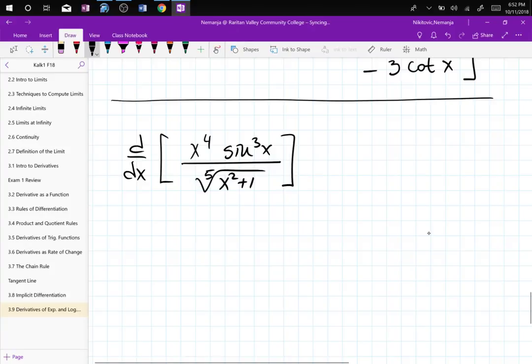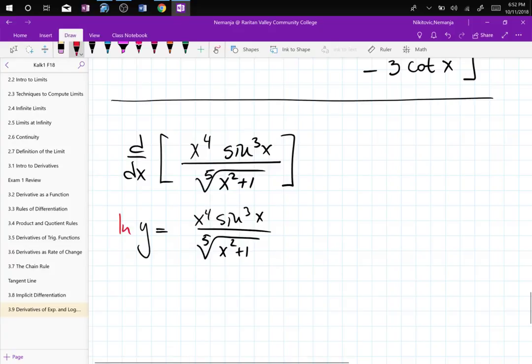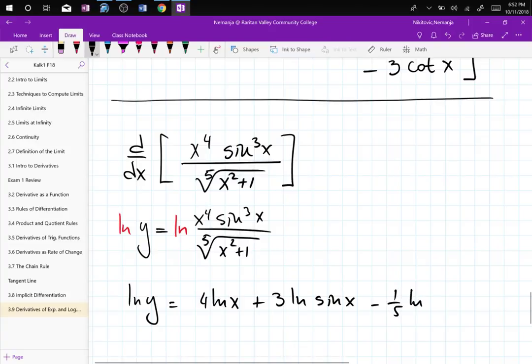So y equals x to the 4 sine cubed x over the 5th root of x squared plus 1. And then I will ln both sides. And then we are going to expand everything and get 4 ln x plus 3 ln sine x minus 1/5 ln of x squared plus 1.